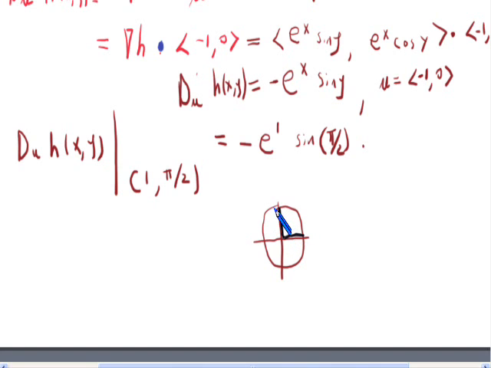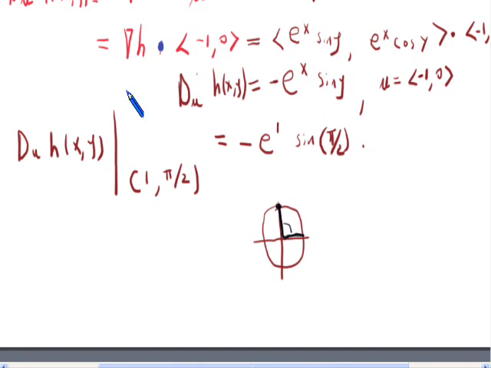The sine of pi over 2 is the y-coordinate of this point on the unit circle. So the y-coordinate of that point on the unit circle is going to be equal to 1.